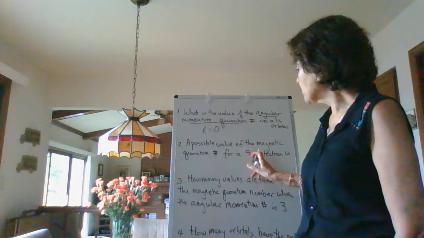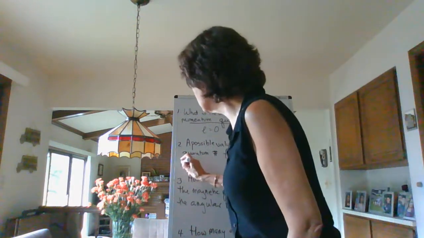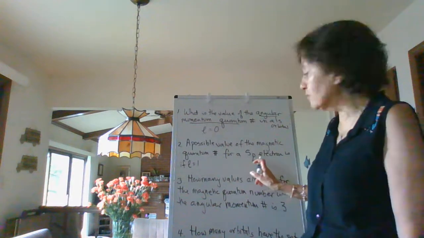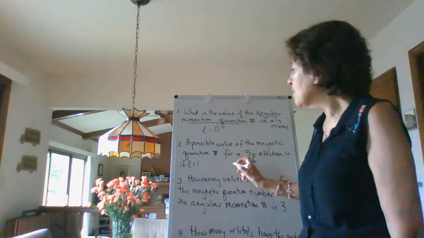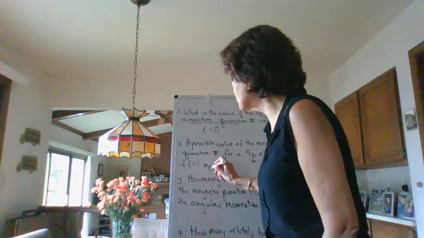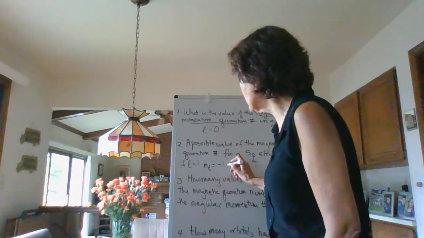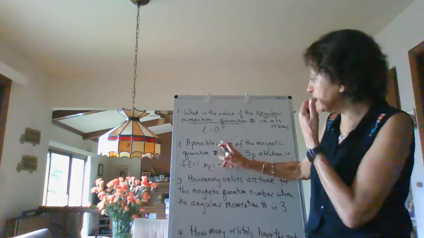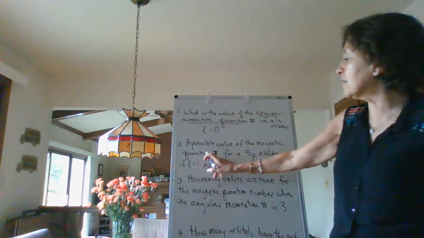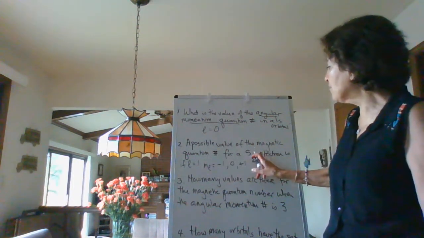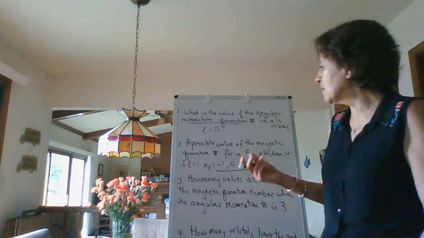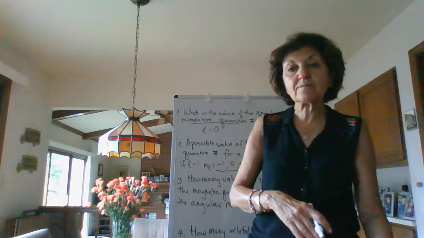So if L is equal to 1, which we know because it's a P, then the options for ML could be minus 1, 0, plus 1. So these are the possible values: minus 1, 0, or plus 1.